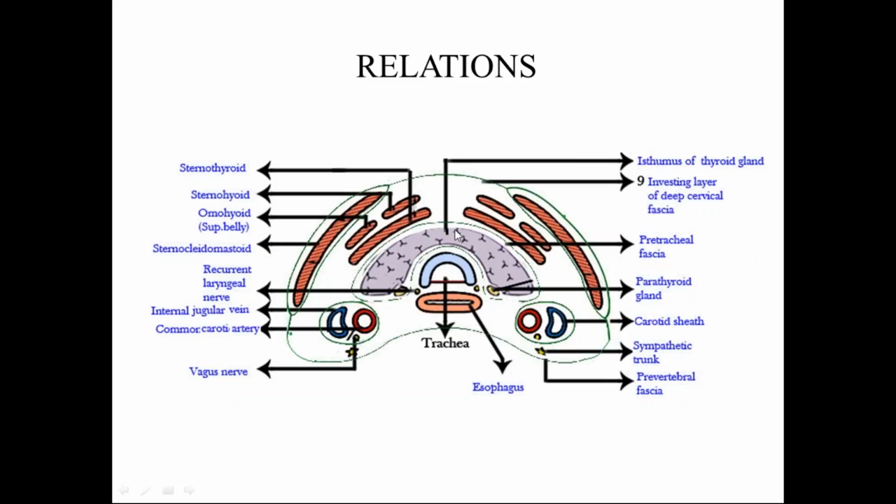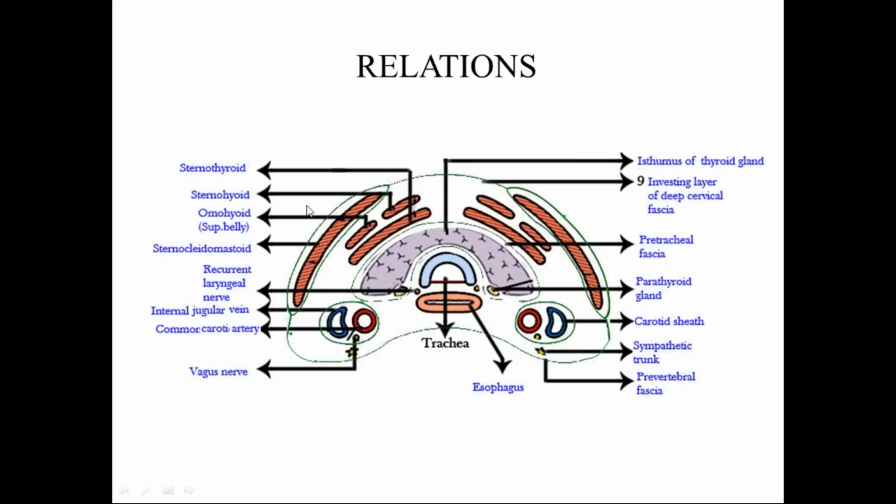So these are the two lobes, and this is the isthmus, and the surfaces of the lobes, once again I'll repeat, are anterolateral, posterior, and medial surface.